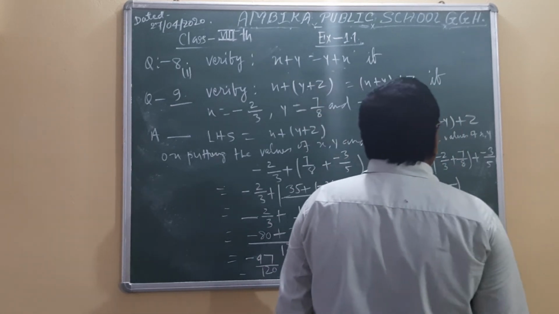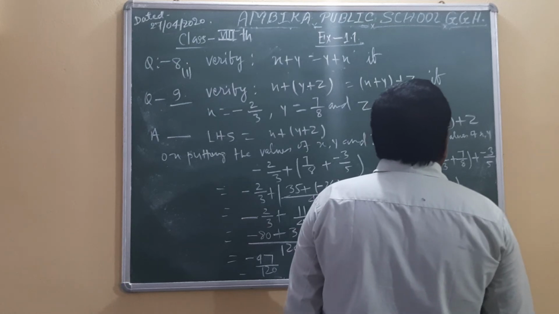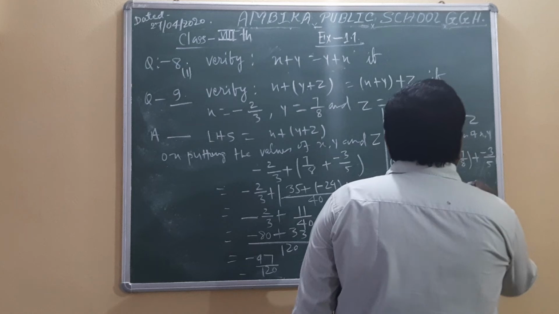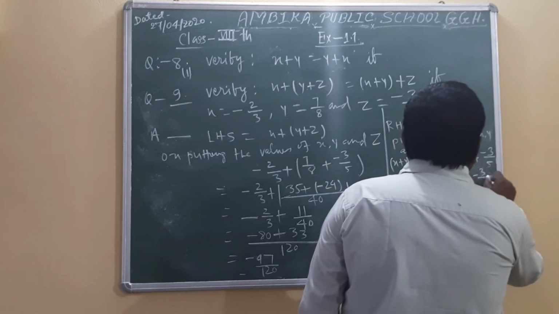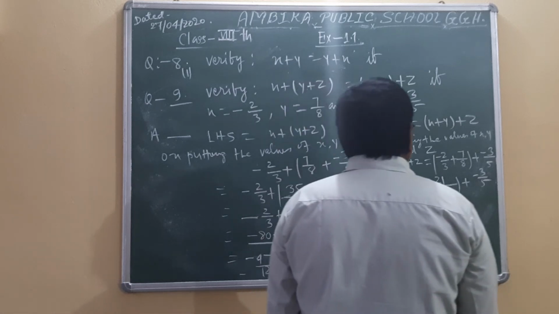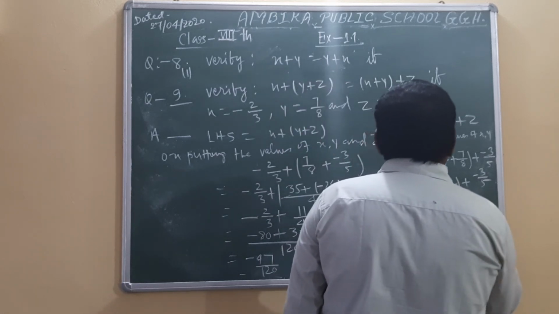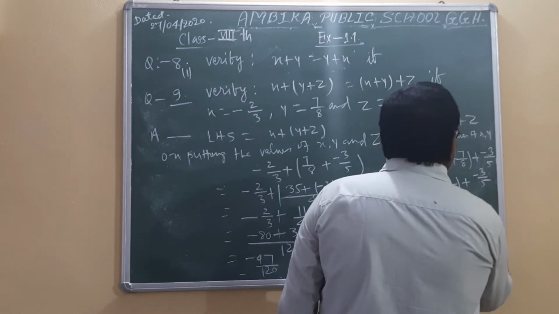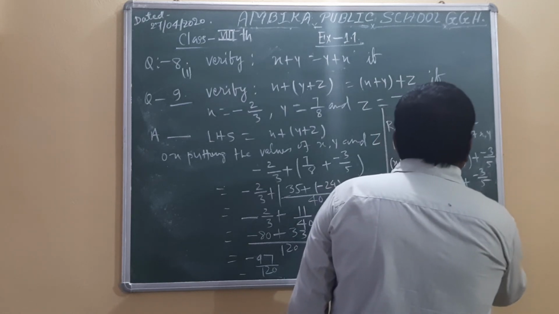We get 3 as quotient. So multiply 3 by 7. We write 21 plus minus 3 by 5 is equal to, adding minus 16 and 21, we get 5 by 24 plus minus 3 by 5.